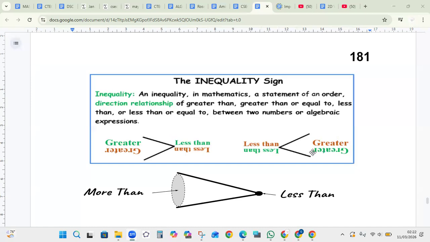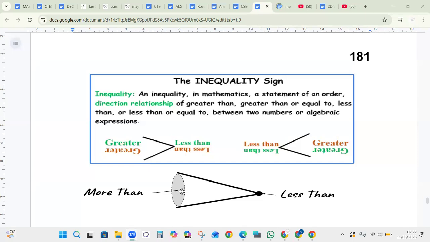I think there is no such thing as the less than symbol. Or better put, the less than symbol is the point. So the entire symbol is not the less than symbol, nor the greater than symbol. That's what I think. The greater than symbol is the opening.